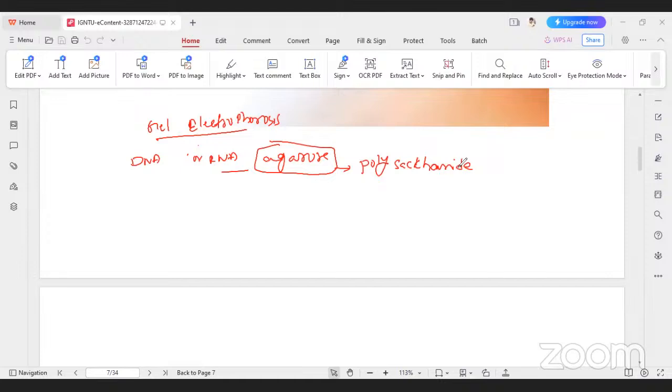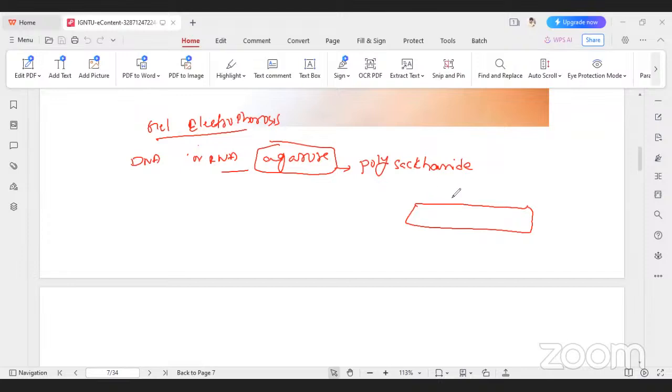So, what is the mechanism in gel electrophoresis? In gel electrophoresis, we separate DNA fragments by size. This is the agarose gel electrophoresis technique. Already we have taken separated DNA and utilized restriction endonuclease.